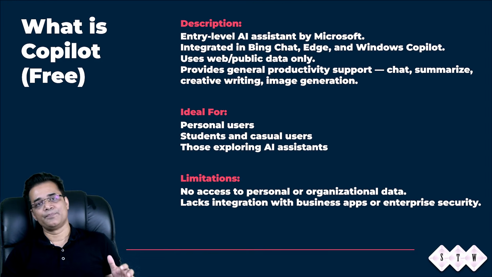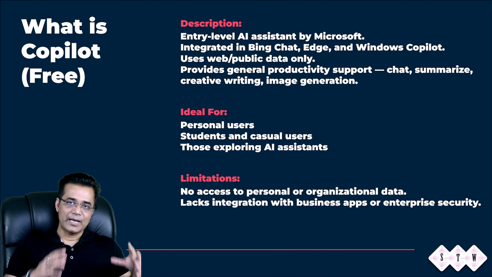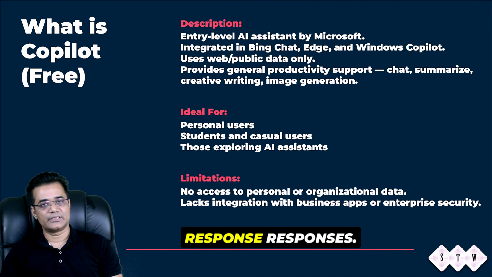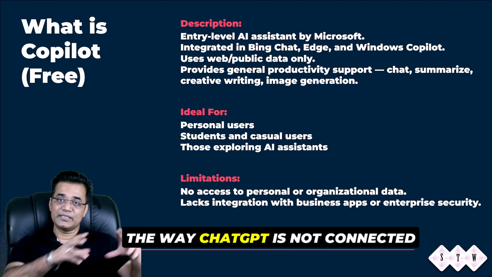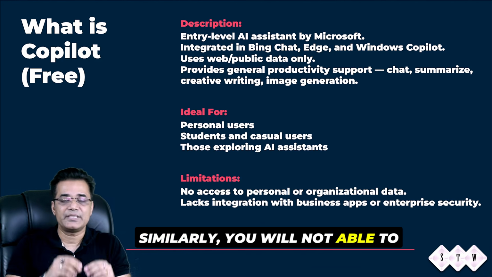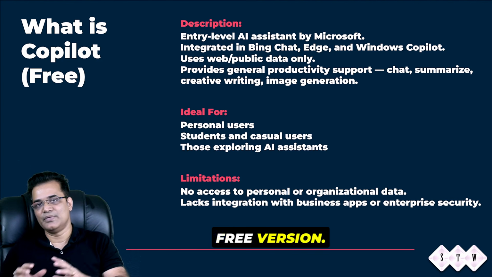Similarly you will get that kind of screen on the web. You will be able to communicate and generate responses. The way ChatGPT is not connected with your enterprise data, similarly you will not be able to connect your enterprise data with the free version.